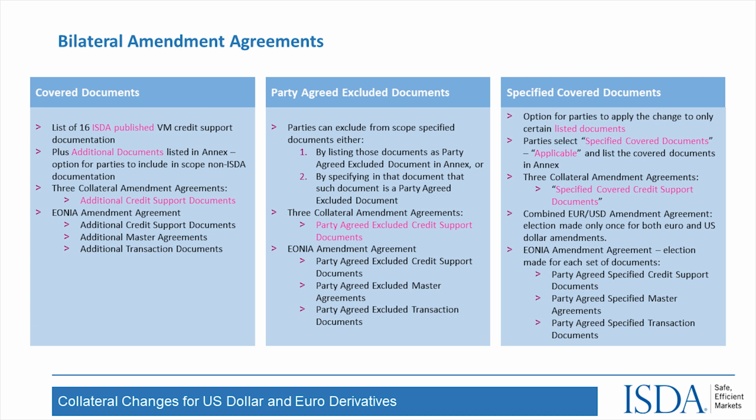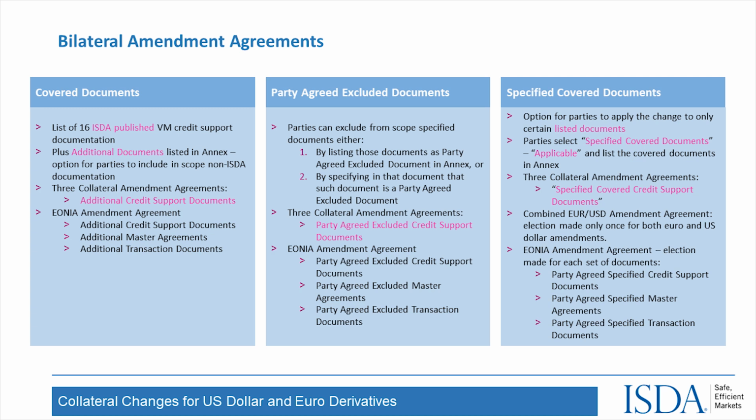So unlike the ISDA fallback protocol, which does cover certain third-party published documentation, these templates don't cover any third-party published documentation, and ISDA has not done any due diligence in respect of any such documentation. So if parties choose this option and they add in documents published by a third party, they will need to conduct their own due diligence as to the effectiveness of the changes in that agreement in respect of that third party published documentation.